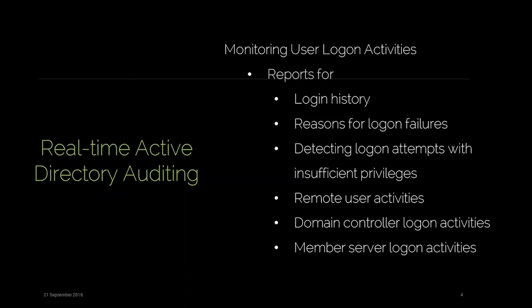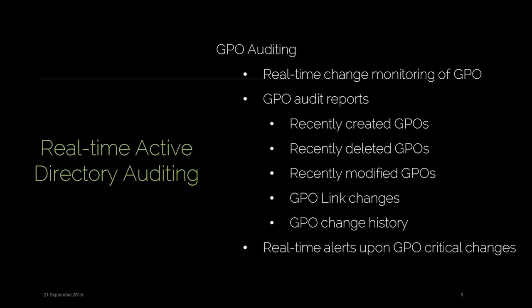Also, if an account got locked out, the tool can tell you the reason for the lockout and from which machine the account lockout happened. So these are all the reports that we have under the login category.